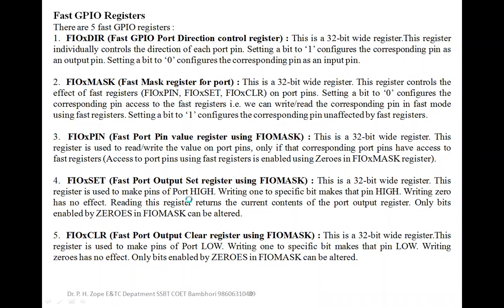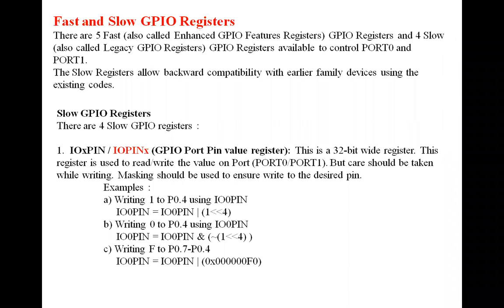Last lecture we saw the fast and slow GPIO registers, but due to time we were not able to complete that point. So I will just explain the slow GPIO registers.